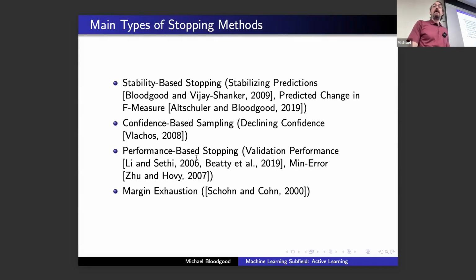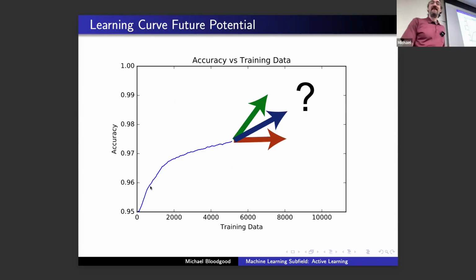Performance-based stopping, this would be most like what Dennis might have mentioned here. If you're willing to pay for some other labeled data and measure performance on that validation data and see how the performance levels off, that's possible. But it does have that added expense of additional labels, which is counter to the original motivation.